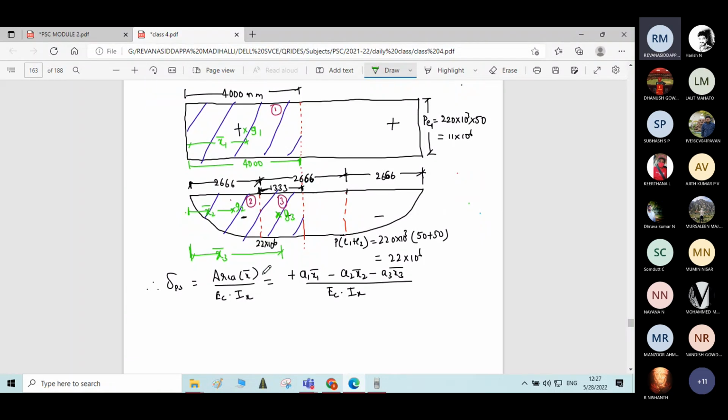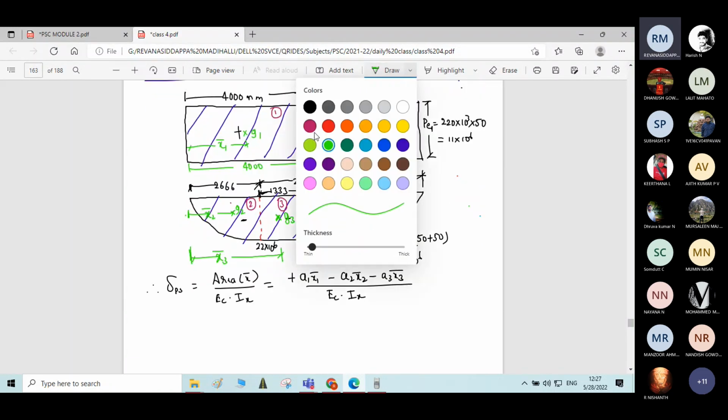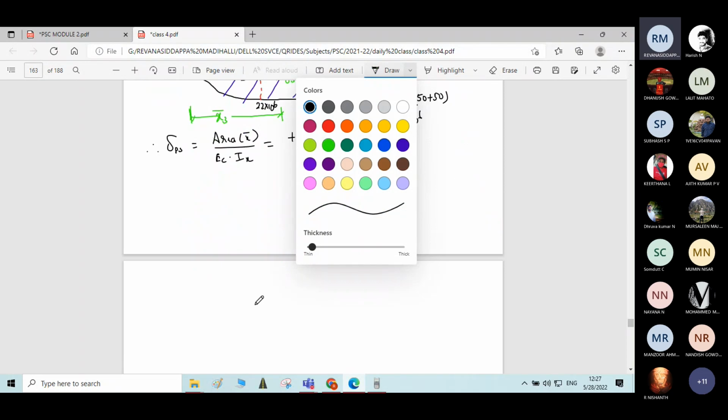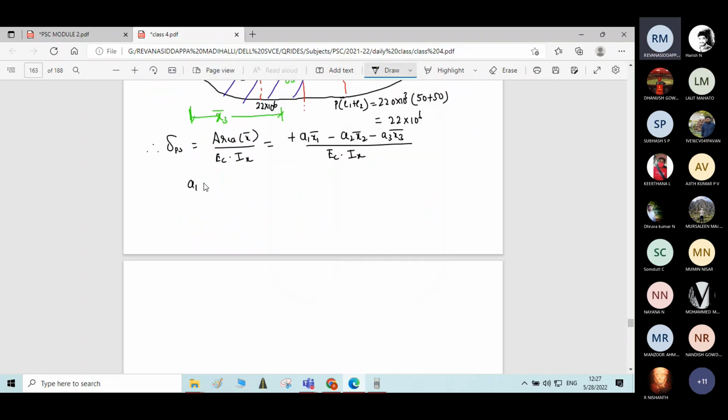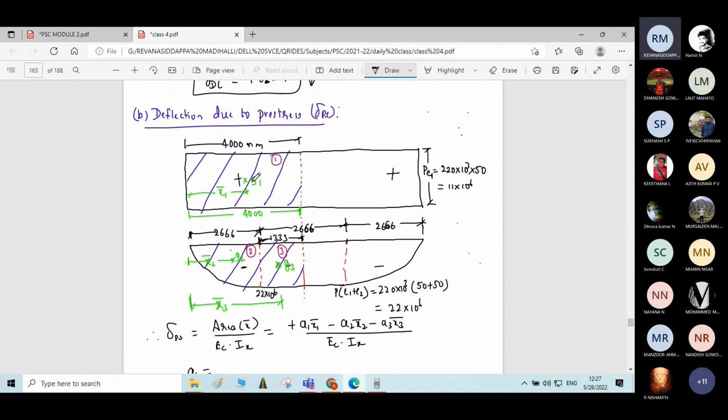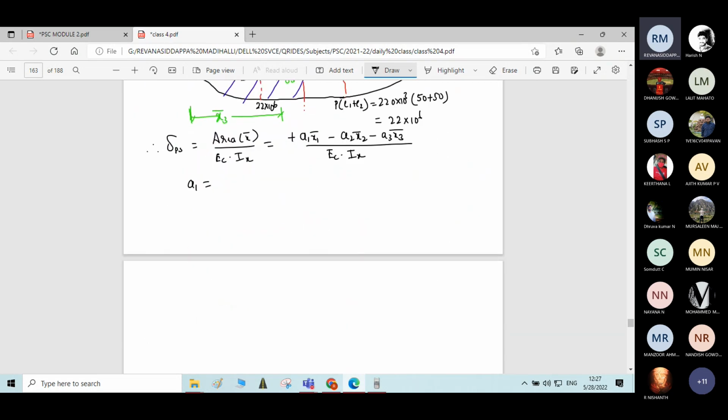Now you can find all the areas. A1 is the area of component 1, a rectangle having width 4000 and height 11 into 10 power 6. So it is 4000 into 11 into 10 power 6. If you calculate, we get 4.4 into 10 power 10.